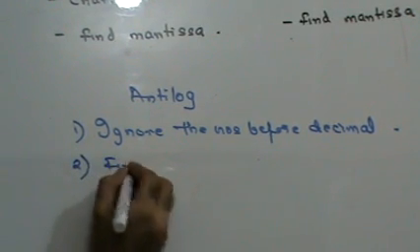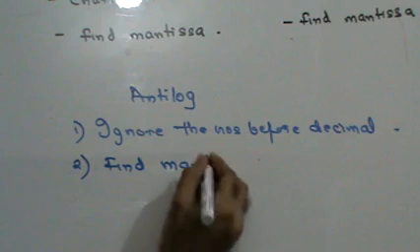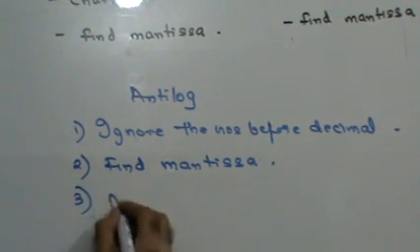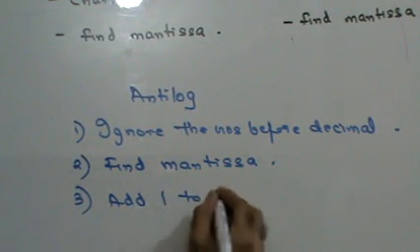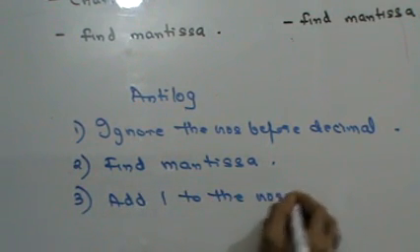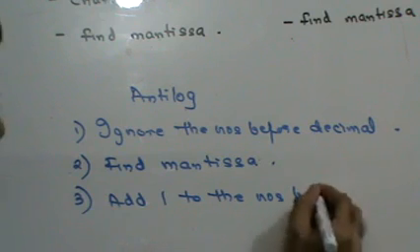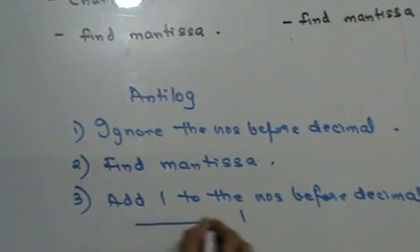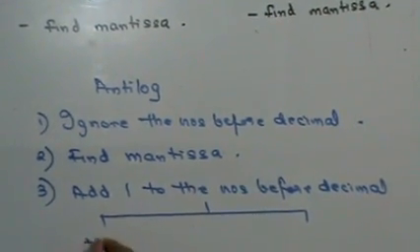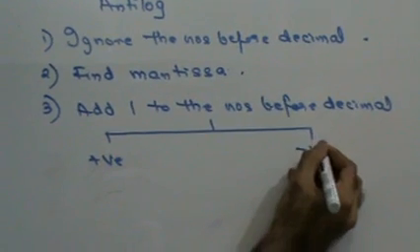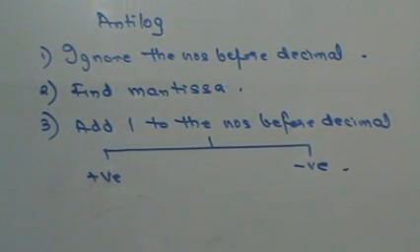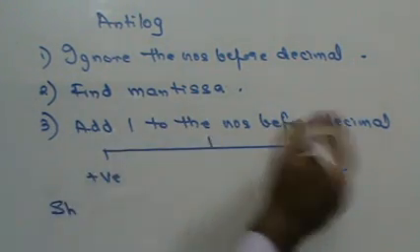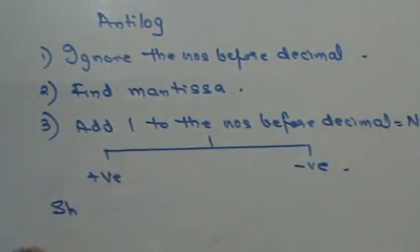Find the mantissa. Add 1 to the number before the decimal, and check, is the number positive or negative? When you add 1 to the number before the decimal, what you get is called n.